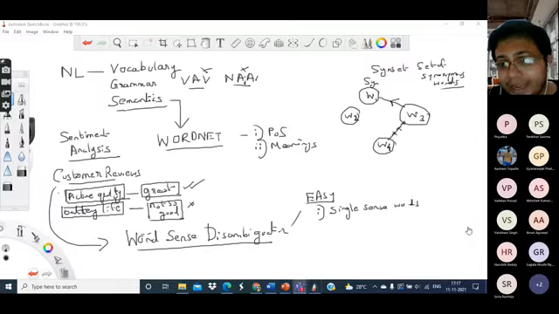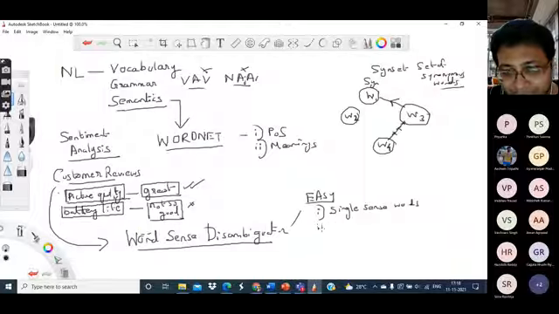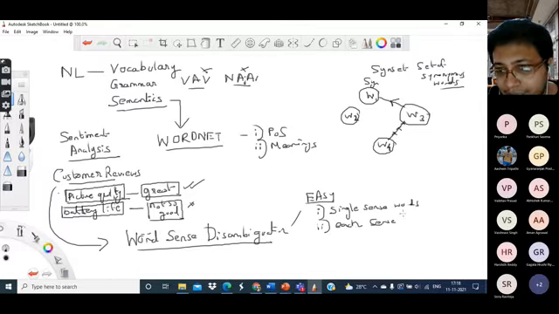It can also be that if each sense is associated with a different part of speech, then also it's fine. Each sense has a different POS.